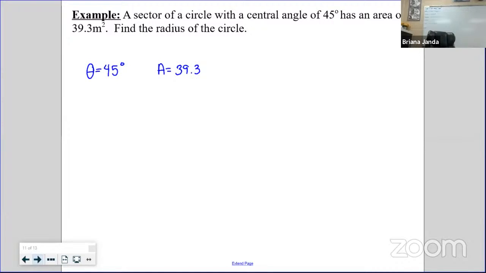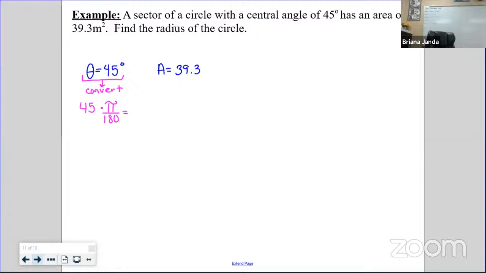And as advertised, most of the time we have to start by converting this. To put it into our equation, we need it to be in radians, and it is currently in degrees. Practice the correct fraction for converting, which way we're going.